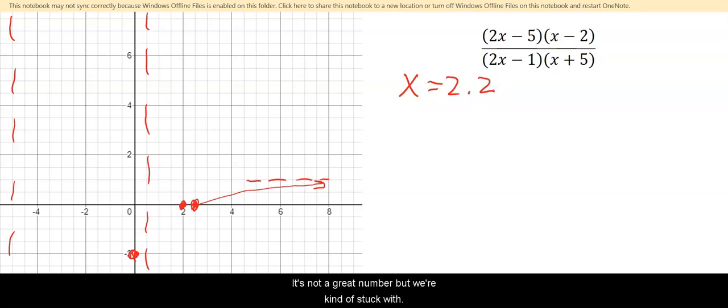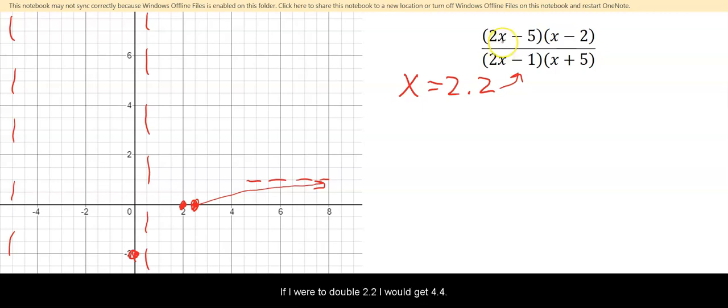It's not a great number, but we're kind of stuck with it. Now we're going to imagine what would happen if we were to plug this number into the reduced fraction. I am not concerned with the actual value. I'm only concerned with whether it's positive or negative, so I know that it goes below the x-axis or above.